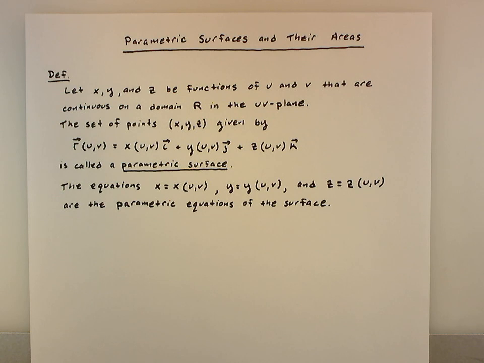The set of points x, y, z given by r, vector r of uv equals x i plus y j plus z k is called the parametric surface. The equations x, where x is a function of u and v, y, where y is a function of u and v, and z, where z is a function of u and v, are the parametric equations of the surface.